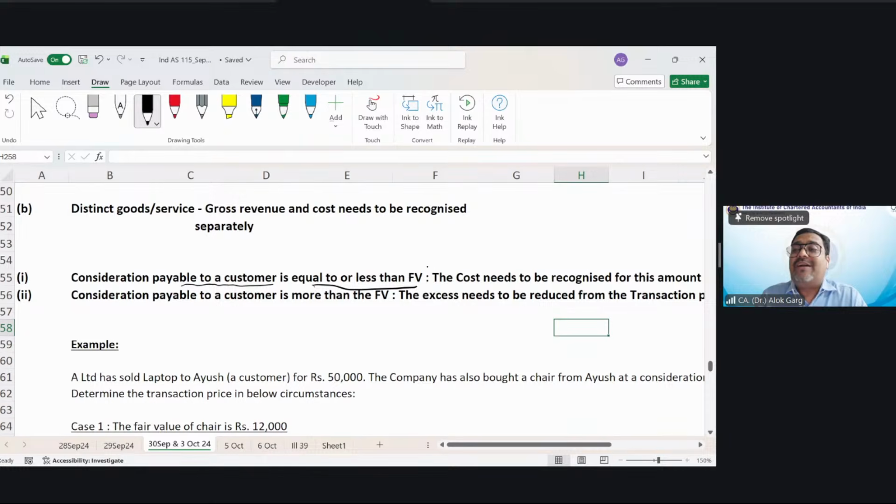This additional 500 rupees means I am giving him a discount in my coaching services, right? So the excess 500 rupees has to be reduced from the transaction price. So I will recognize my revenue for 10,000 minus 500, 9,500, and cost to the extent of fair value, which is 1,000 rupees.